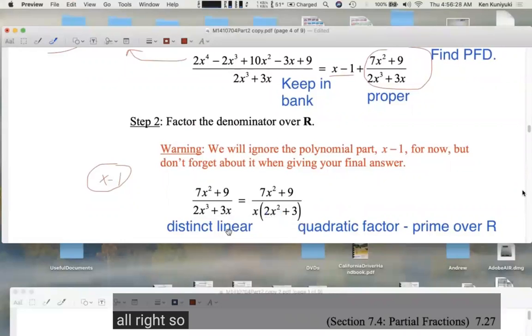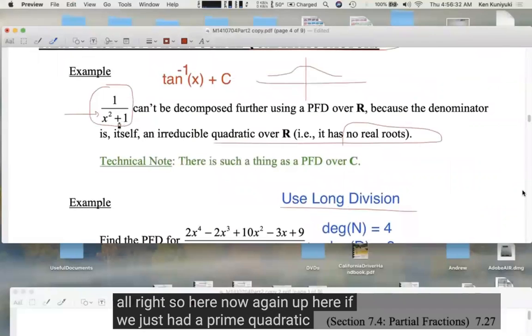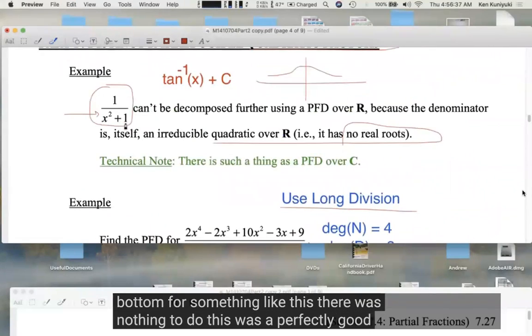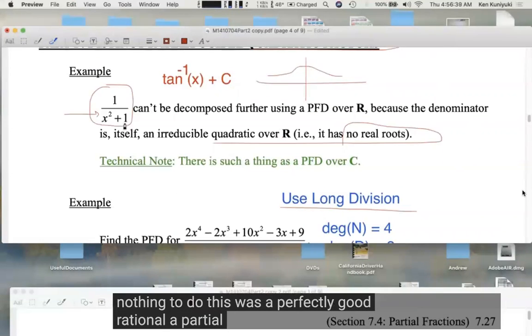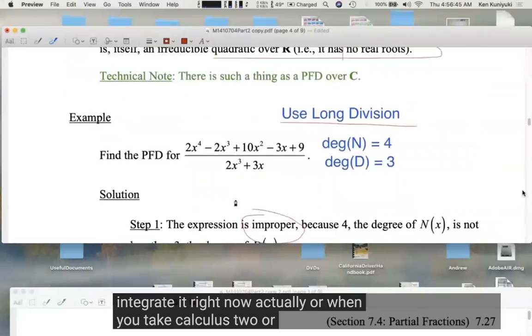All right. So now again, up here, if we just had a prime quadratic in the bottom, there was nothing to do. This was a perfectly good rational partial fraction, and you can integrate it right now, actually, or when you take calculus 2 or 1.